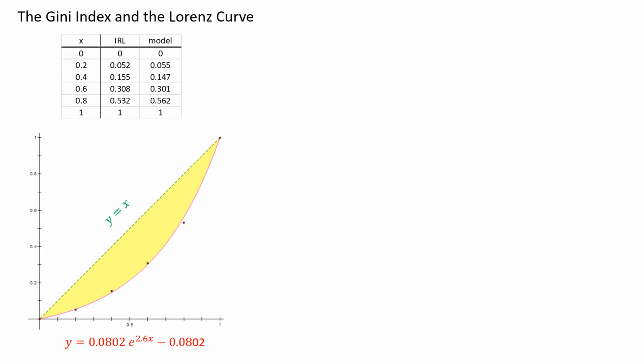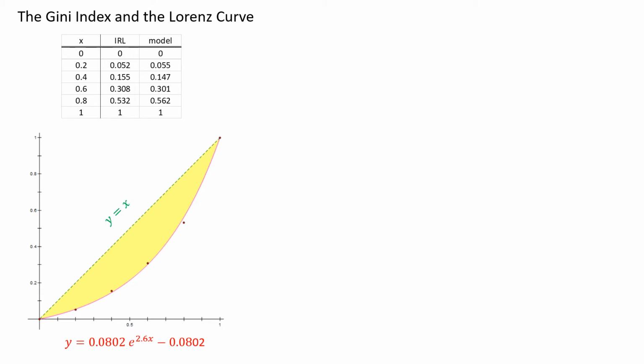So when it comes to the notion of inequality, and by the way, when economists use the word inequality, they're not placing a value judgment on it. There's no issue of good or bad here. But the inequality in a society, economically anyway, is measured in some sense by this yellow shaded area. In other words, how far is the economy's Lorenz curve away from the line y equals x?